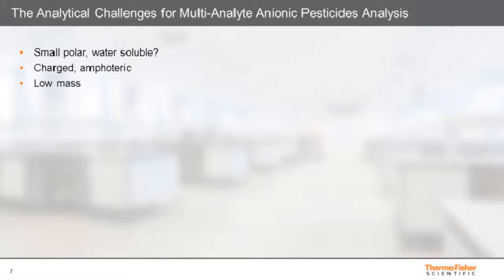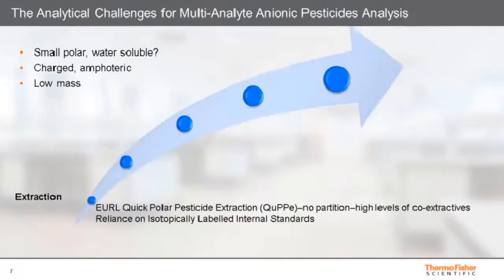In addition, each stage of the analysis provides an analytical challenge. Simple extraction is performed with a modified version of the QuPPe, quick polar pesticides, method. However, the method brings a high level of matrix co-extractives, and usually isotope-labeled internal standards are used to correct for extraction efficiency.